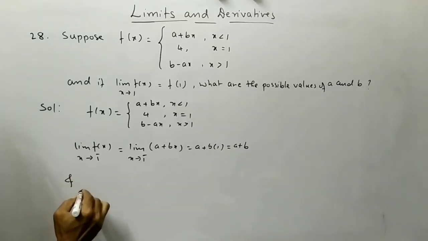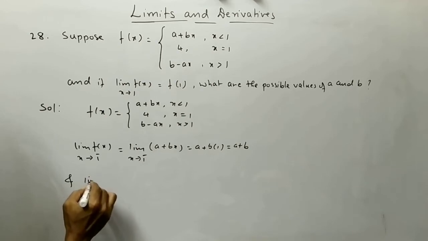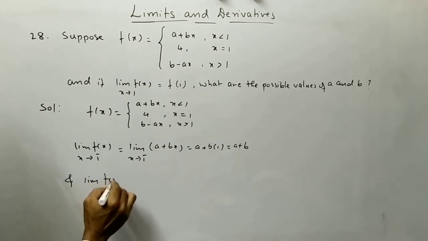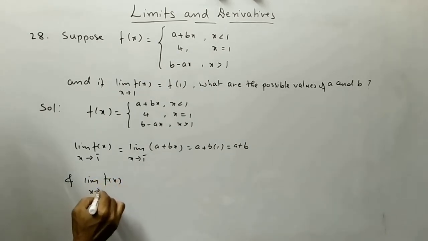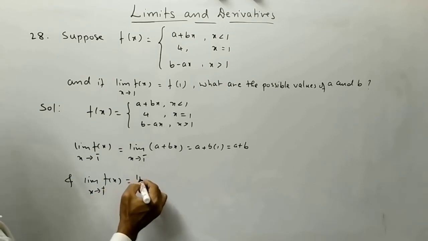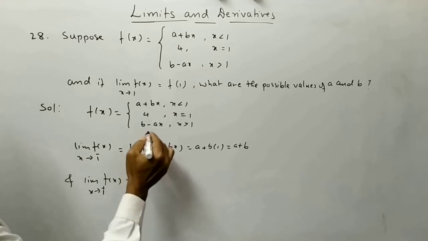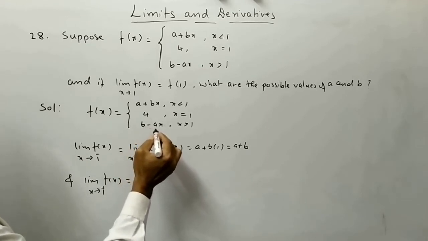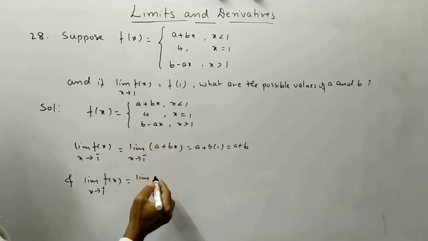And limit of f of x when x tends to 1 from the right side is equal to the limit of, what is the function for x greater than 1? b minus ax.